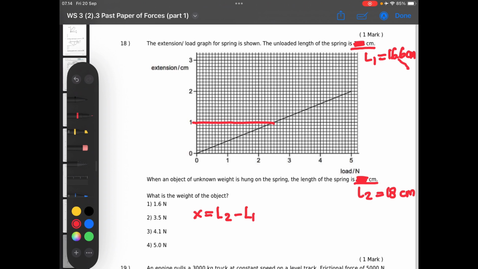Don't continue, because that means that's the limit. After that, you go down. There, you find the force. So if the extension is 1, the force is how many Newton? Correct, 2.5 Newton. But is it true? Not really, because you have to find the extension first. You can do it.